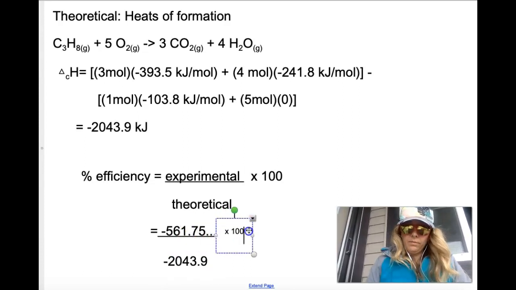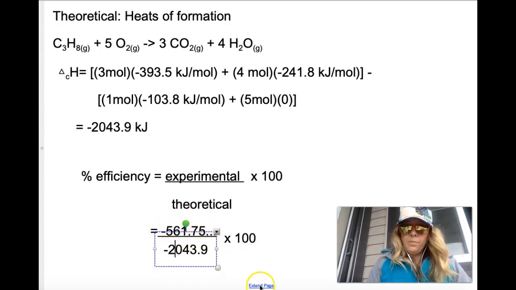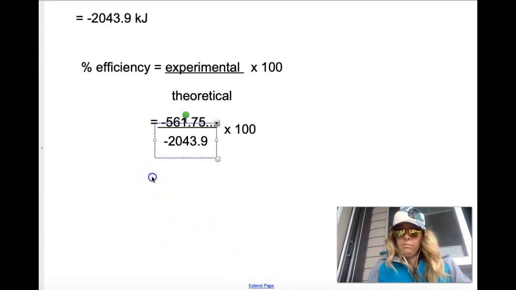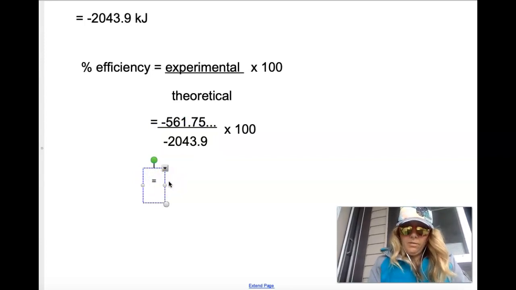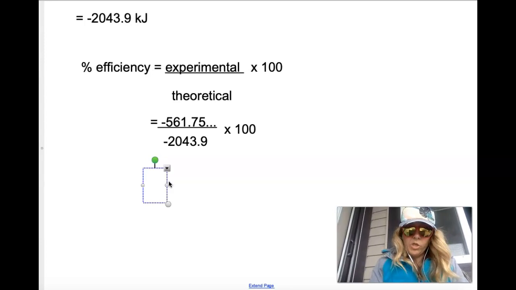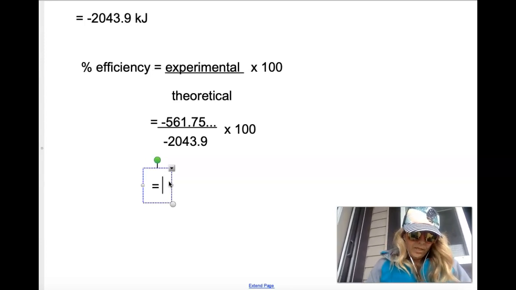Okay, so make sure when you put this in your calculator, you use that whole number for that number. I know some of you like to, when you get an answer like that, you like to save it. Some of you also just look at what you have, doesn't really matter. So let's calculate this out.